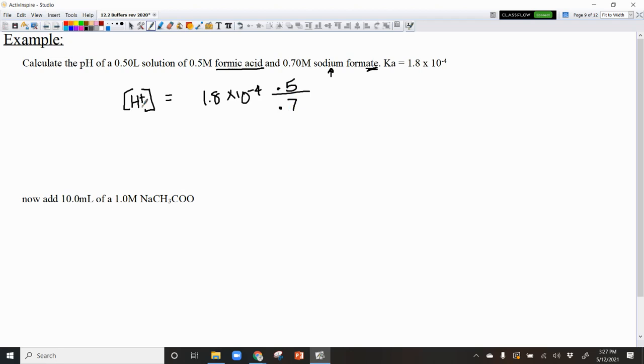So 0.5 divided by 0.7 times 1.8 times 10 to the negative 4. Then take the negative log of this, and we're going to get a pH of 3.89.